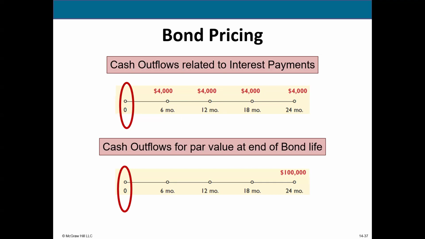We apply present value concepts in order to price the bond. The market value of the bond, or the price of the bond, we can set equal to the present value of its future cash payments. If we use a financial calculator, we can say that the market value, or price of the bond, is equivalent to its present value.